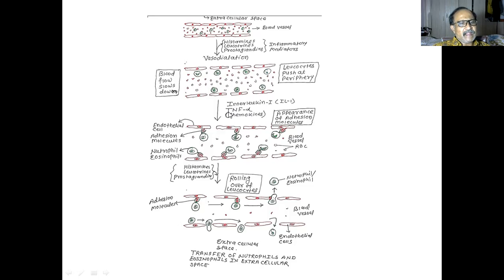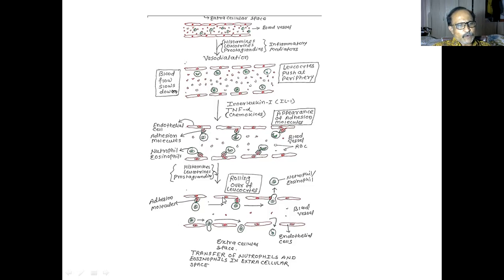Interleukin and TNF alpha, called chemokines or pro-inflammatory cytokines, cause the appearance of adhesion molecules on these endothelial cells and on the membrane of eosinophil, monocytes, and neutrophils. Hence, these phagocytic cells get attached to the endothelial cells. After that, these endothelial cells get rolled at their place.